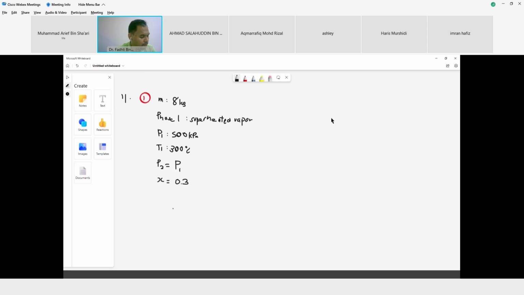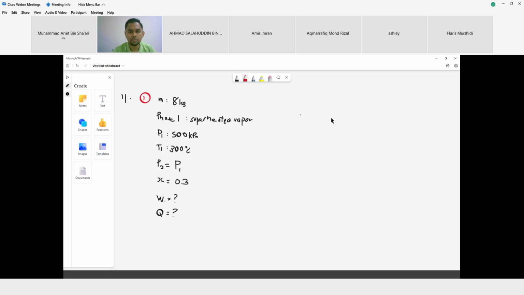Then determine the work done and heat transfer during this process. So we have to determine W and Q. So this is step number 1.